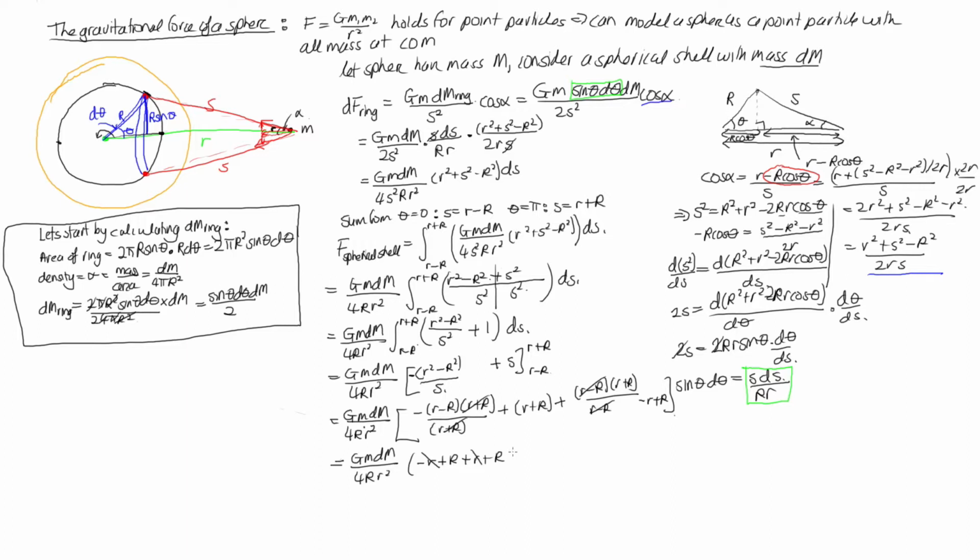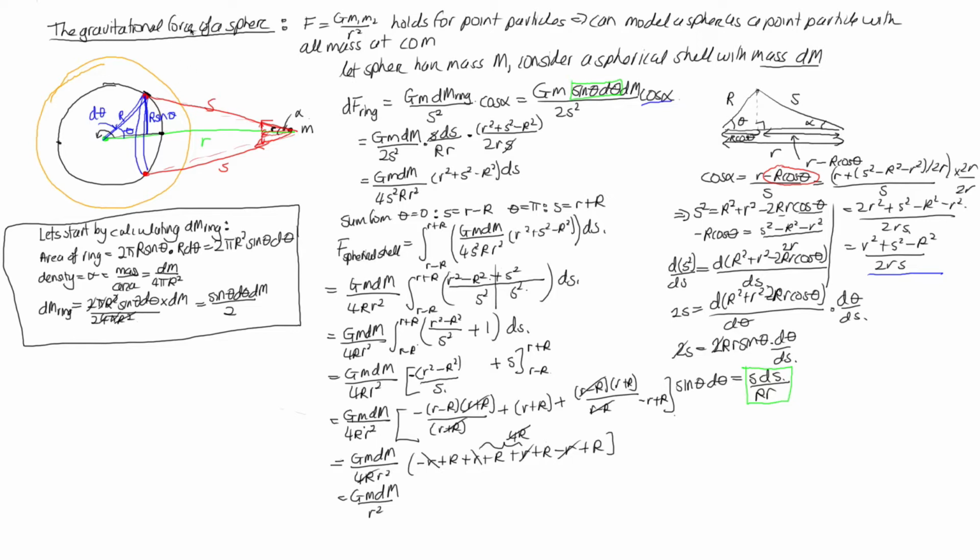And I've got this one plus little r plus big R minus little r, which will cancel that little r, plus big R. And so I've got 1, 2, 3, 4 big R's. So this is 4R. So you can see I've got 4R here and a 4R there. So those will cancel out. And I'm left with GM dm over R squared, the total force from that one spherical shell.